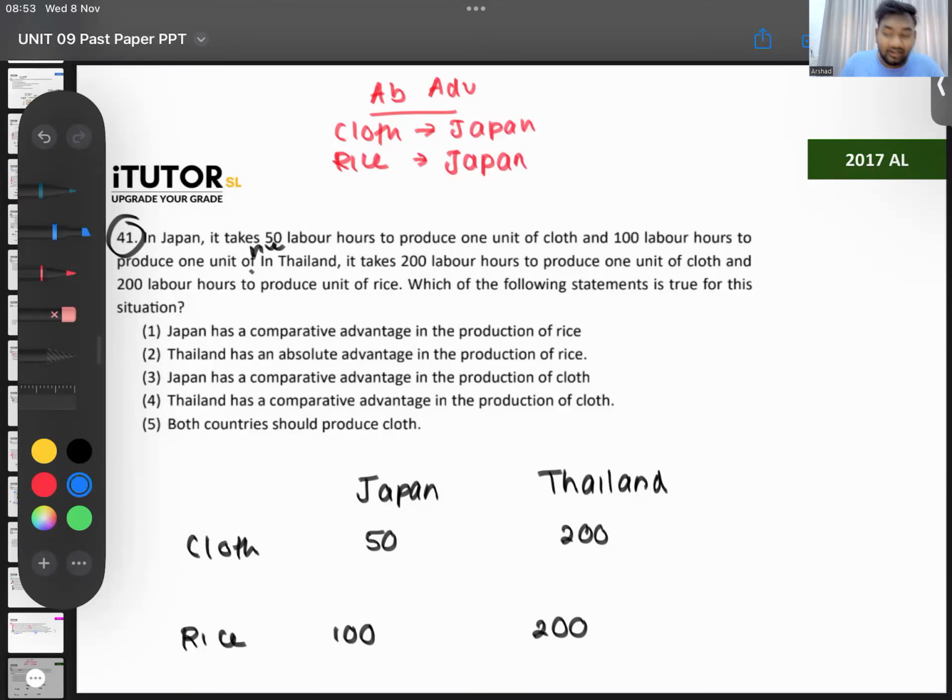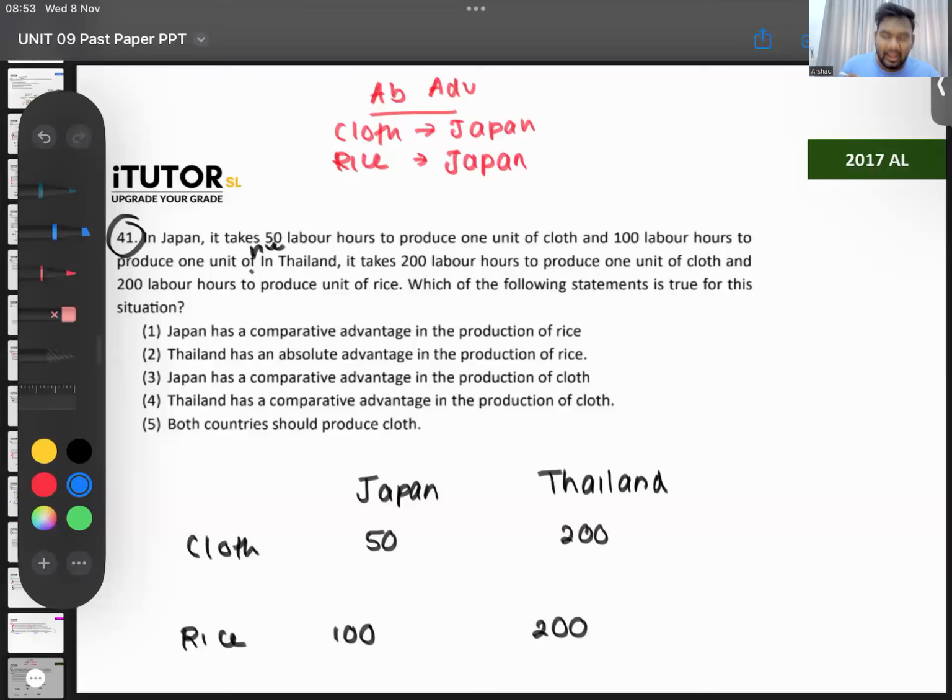Then for comparative advantage, now you have to find opportunity cost. Again, repeating what I told you in the previous paper: when they have given you input data, you can't directly find opportunity cost, because opportunity cost uses output data. So for an MCQ with input data, you can use the shortcut: simply divide this good by the other good.